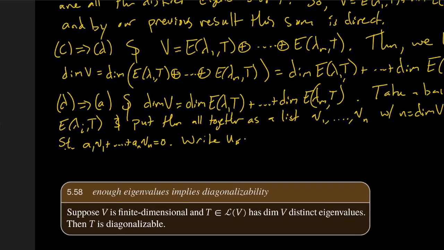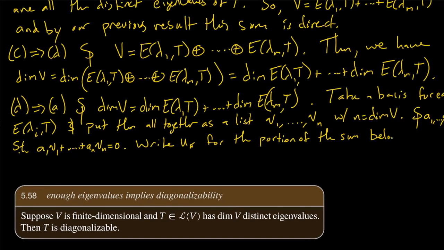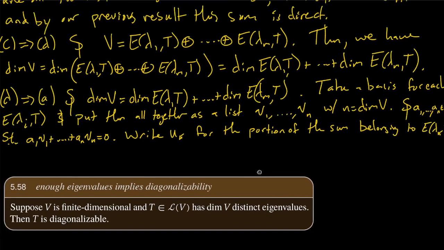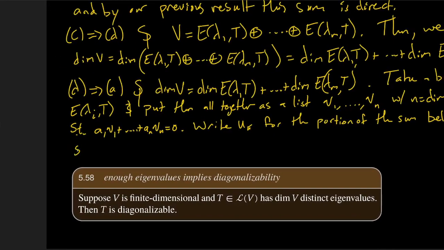Write u k for the portion of the sum belonging to E lambda k T. So I'll write this one, u1 plus all the way to um equals 0. So you've got v1 through vn.